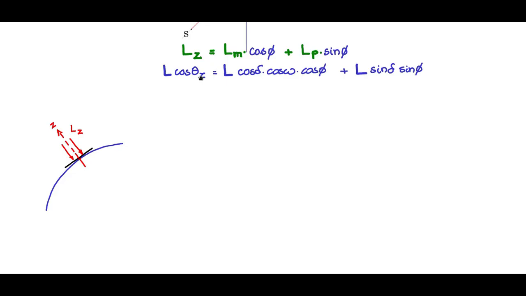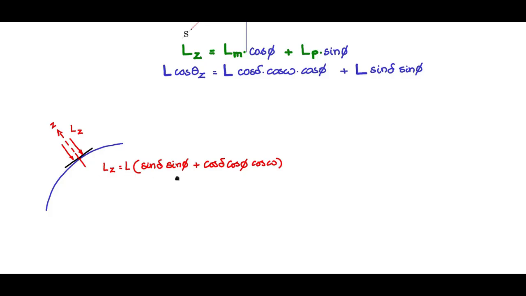But we don't know the zenith angle. We know other parameters in the earth-centric coordinates like the declination, the hour angle, latitude and such, and therefore we know that now Lz can be written as L sine delta sine phi plus cos delta cos phi cos omega.